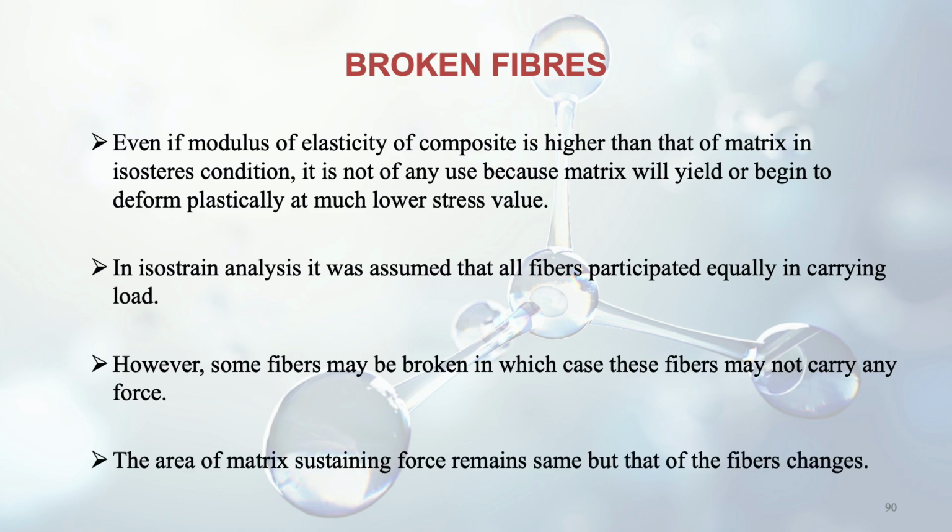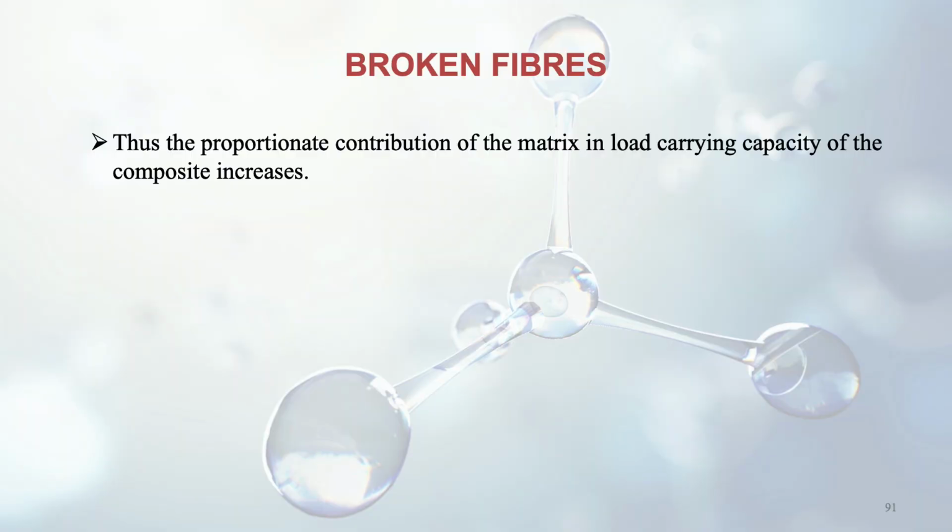Then the area of the matrix sustaining this force remains the same, but that of the fibers changes. So there are two things, matrix and fiber. The area of the matrix remains the same, whereas the fiber area changes because some of the fibers are broken. Thus the proportionate contribution of the matrix in the load carrying capacity of the composite increases. Obviously, because the fiber is not able to take that much load, the proportion of load on the matrix will increase.